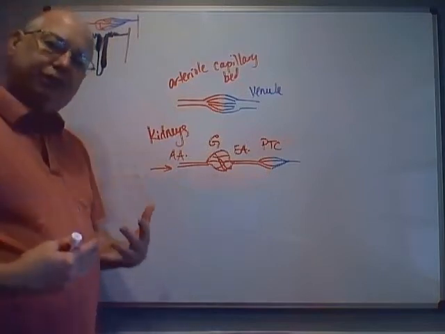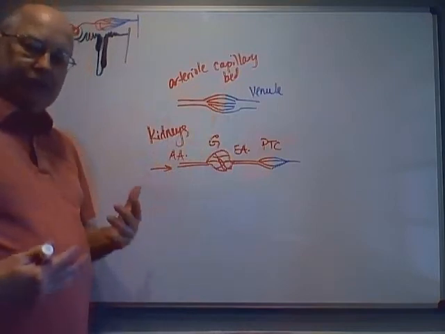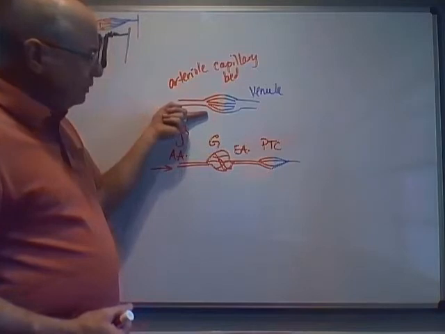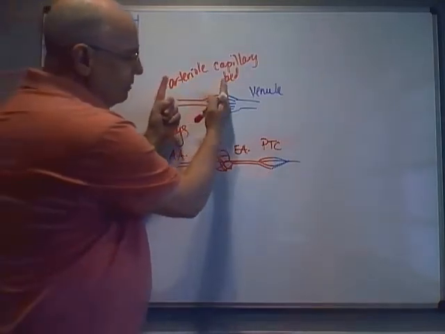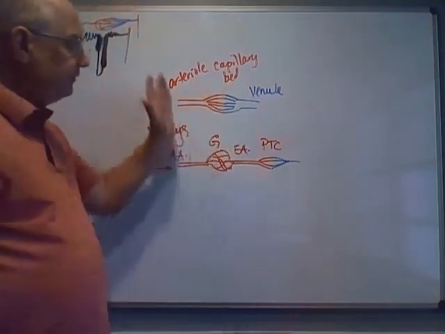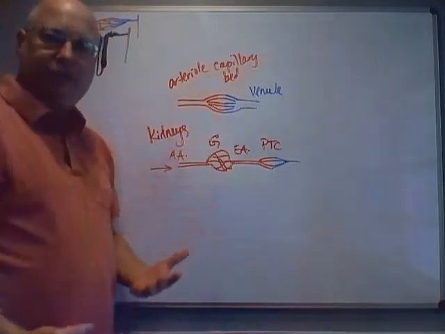The blood pressure in the glomerulus is higher than the average capillary. And the reason that's important is because as we raise the blood pressure on one side, remember that pushes the dynamic center further towards the venule. If I raise it high enough, it completely eliminates the dynamic center, and I would not get any recall of fluids.